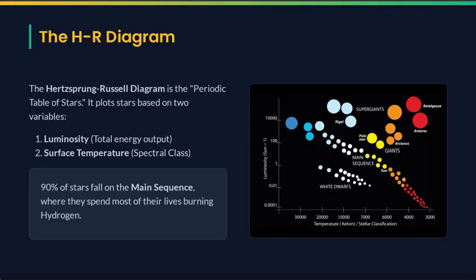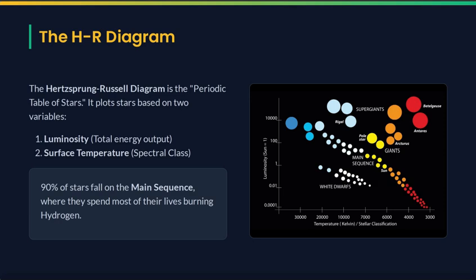Oh, the diagram is actually there. Okay, now we can talk about the HR diagram, which is the Hertzsprung-Russell diagram, which is the periodic table of stars. It plots stars based on two variables: luminosity, the total energy output, and the surface temperature, which is spectral class.